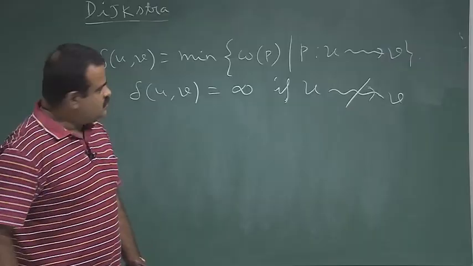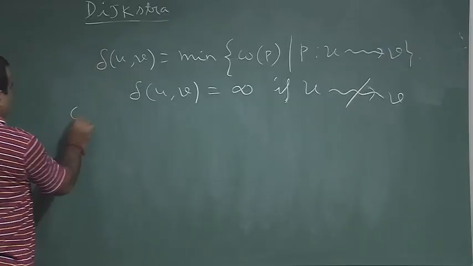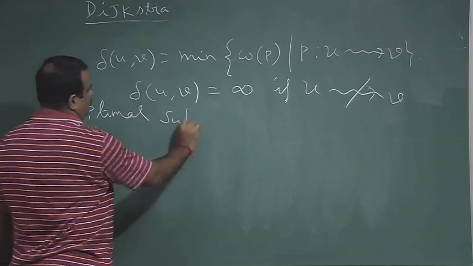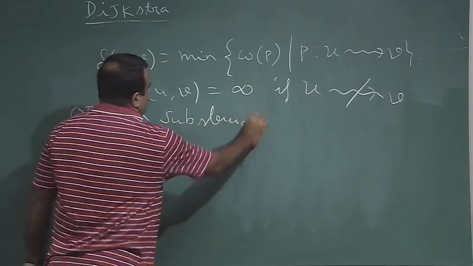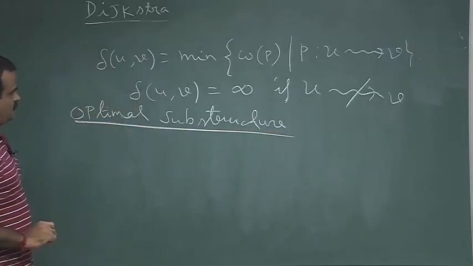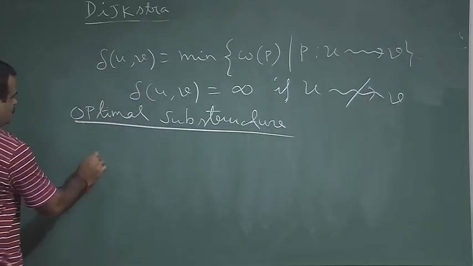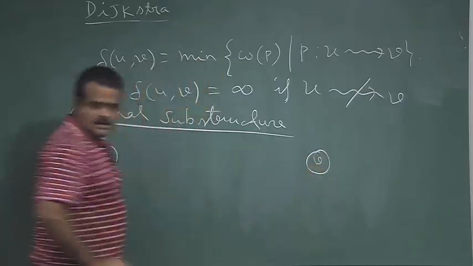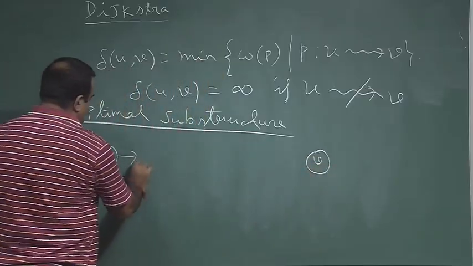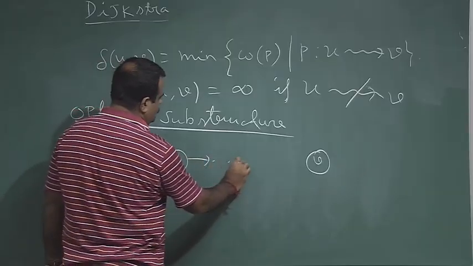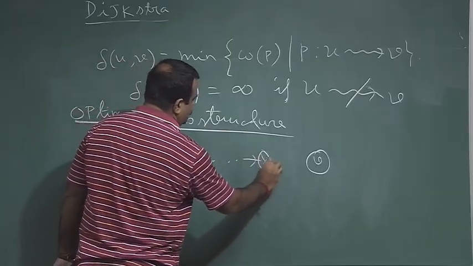So, we want to see whether optimal substructure exists in this case or not, so that we can think of a dynamic programming approach to solve the problem of finding the shortest path. Optimal substructure means, suppose we have a shortest path from u to v, and in the middle we have some nodes x and y.